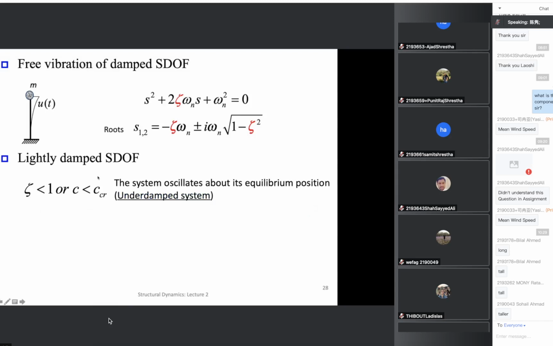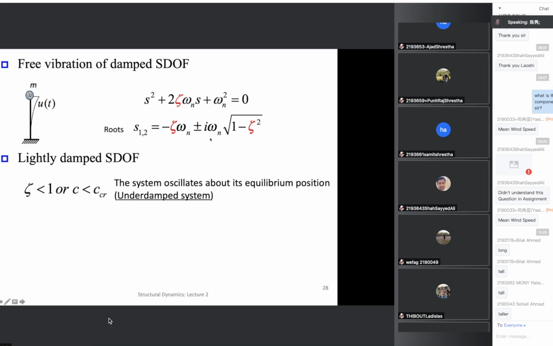The other case we call the lightly damped SDF system. So we have a small damping ratio, lower than 1, or c lower than c critical. Which means this part is positive, because this one is lower than 1.